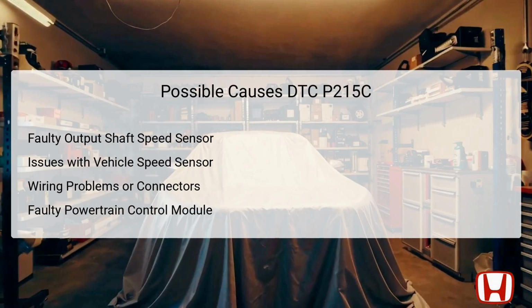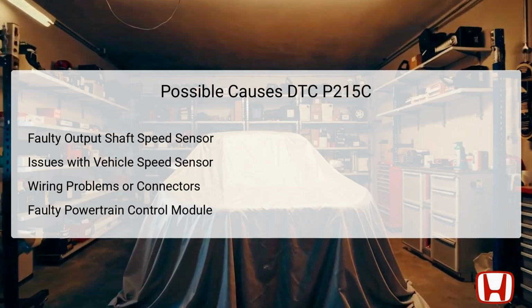The potential causes for DTC P215C primarily revolve around sensor failures and wiring issues. A defective output shaft speed sensor may fail to send accurate data, leading to discrepancies with the vehicle speed. Similarly, issues with the vehicle speed sensor can disrupt the communication between the sensor and the powertrain control module, PCM, causing incorrect readings.